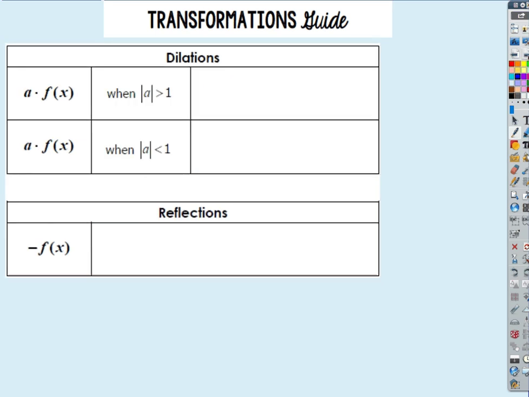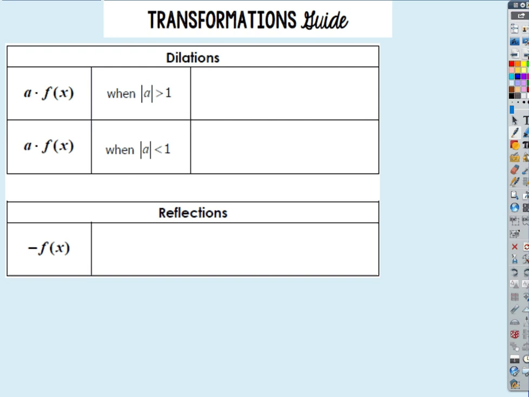Okay? All right, what about dilations? So if I'm going to multiply a function by a, if the absolute value of a is greater than 1, so like if it were positive 2 or negative 2 or something like that, what's it doing? Stretching. Okay, good.